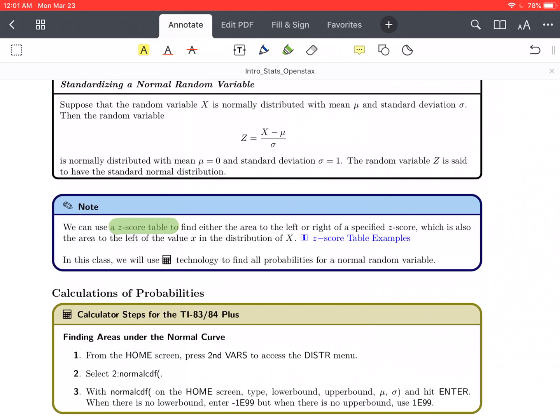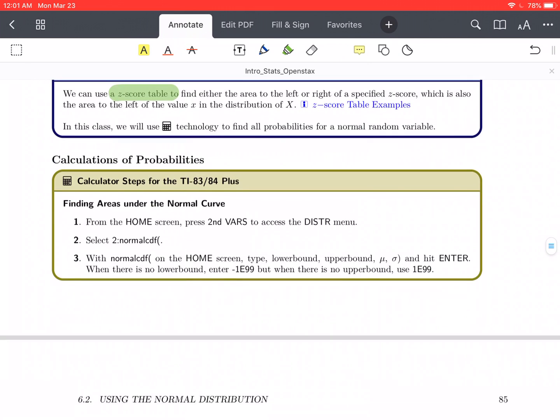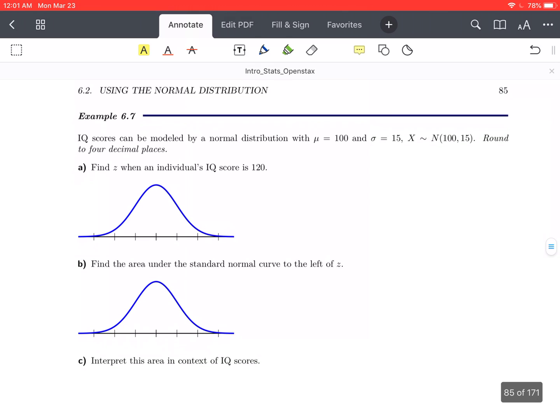But since we are using technology, we're going to be using Desmos primarily. We will go through how to do this on Desmos as we start going through examples. So let's take a look at an example.